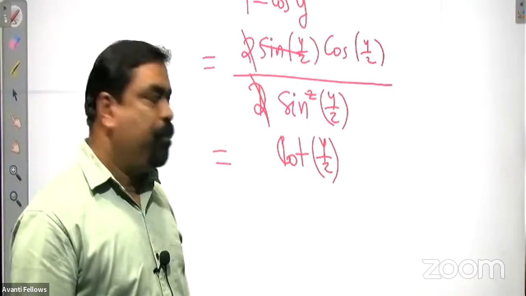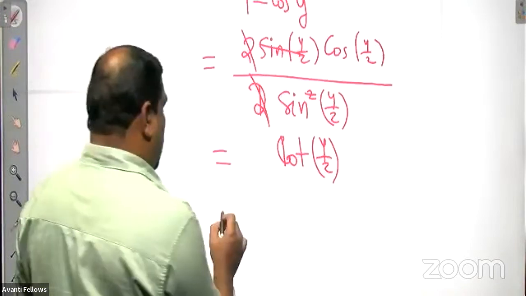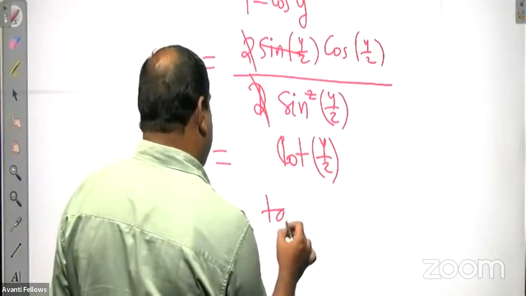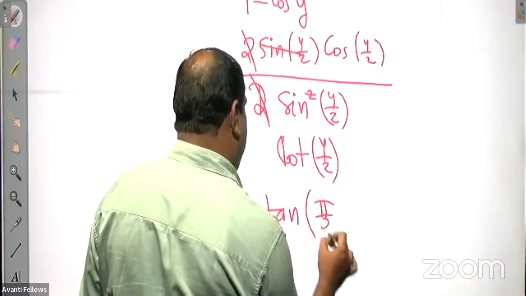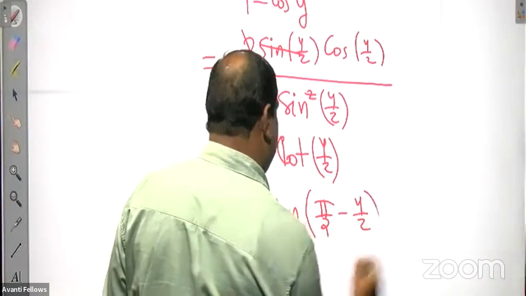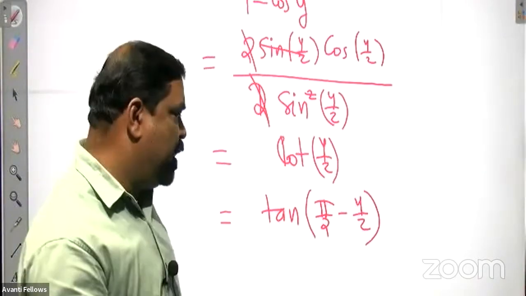Cot of y by 2, and this we again write as tan of pi by 2 minus y by 2, since cot theta is tan of pi by 2 minus theta.